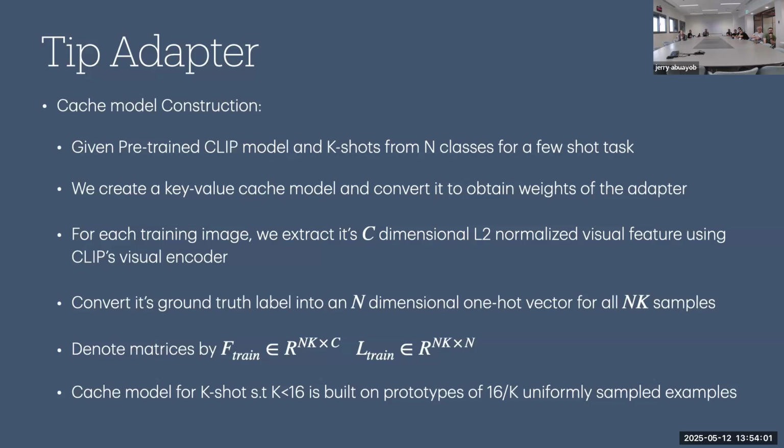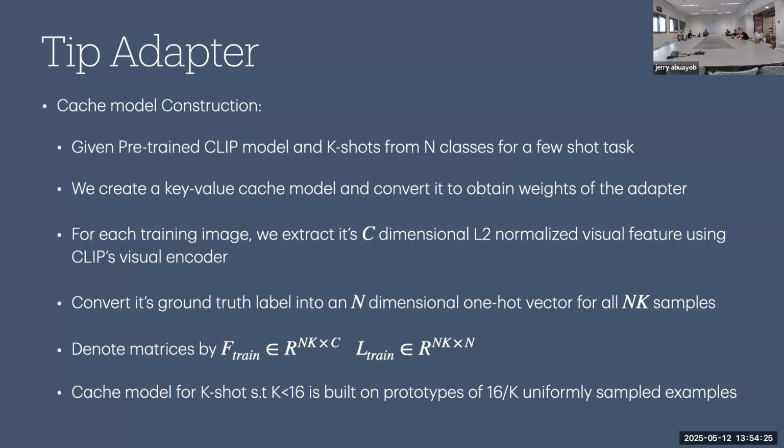So F-train is basically all of the outputted features from the training set. And it's a matrix of size n times k by C, where C is the latent space dimension. Okay, and L-train, since it's a few-shot learning setting, we actually have the labels.